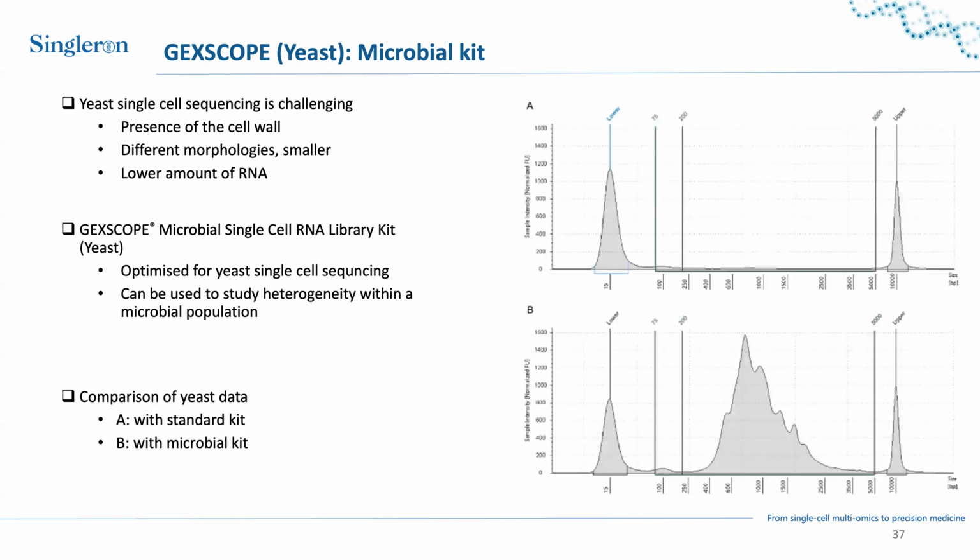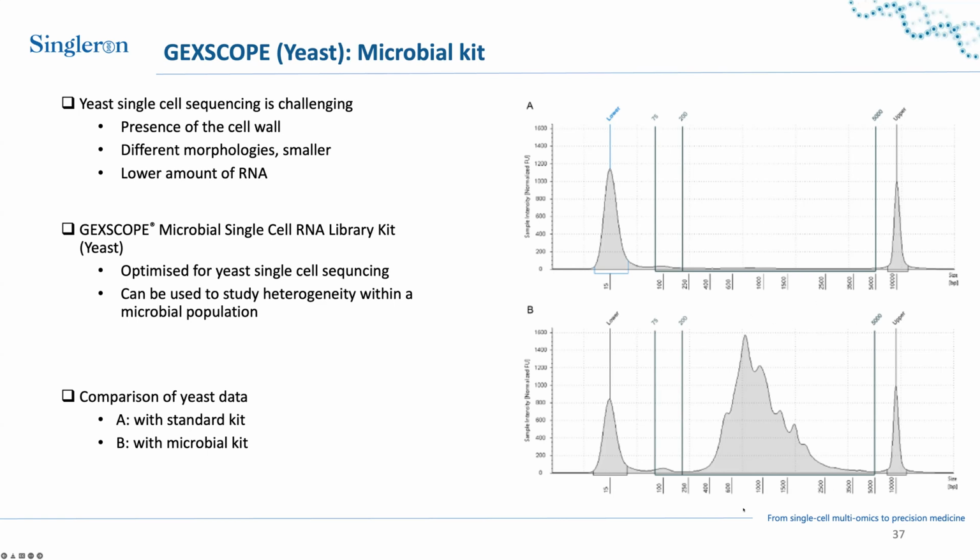Here is a comparison between the yeast kit and the standard GEXSCOPE kit. Here you can see data for a standard kit. You basically didn't capture any mRNA, whereas when you use the microbial kit to really break open the cell wall, you can see the difference.